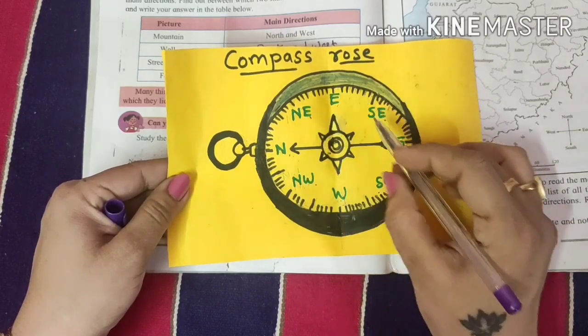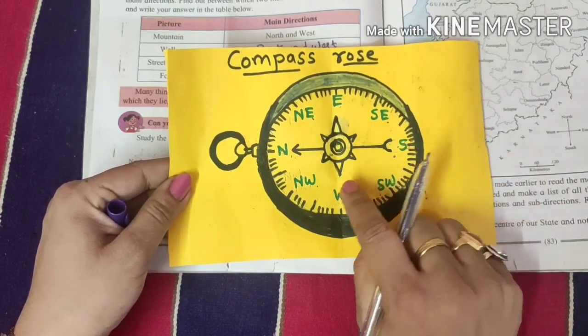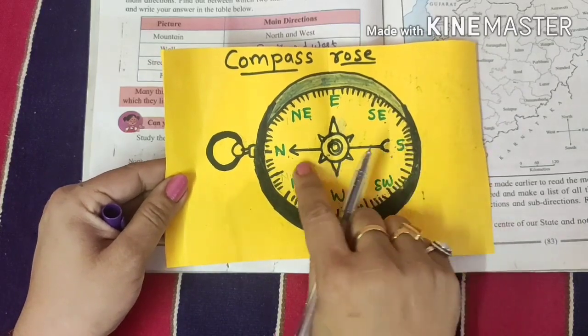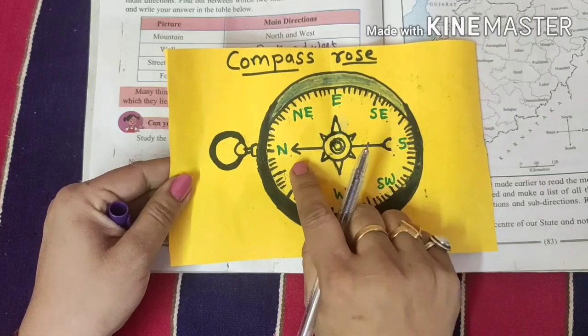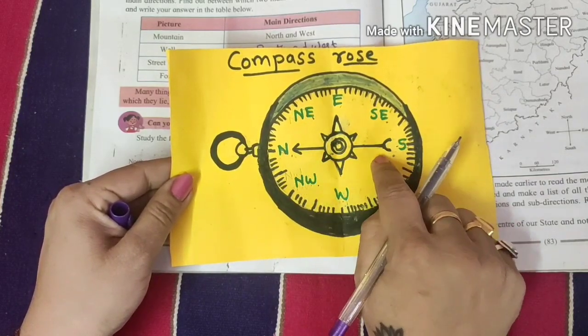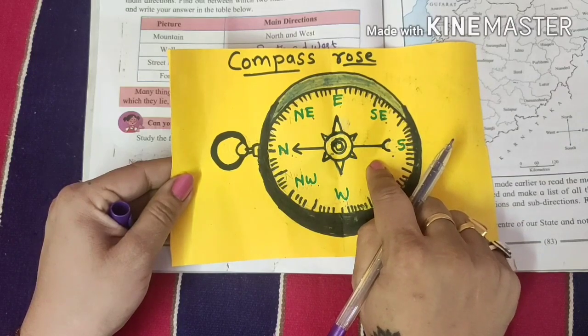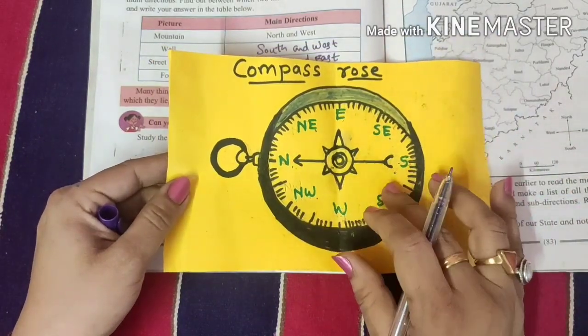See, like this the markings are given, and this needle moves towards the direction which we want. This is the needle shown here. Okay, and every time this needle is placed, it is shown to the north-south directions only. So whenever we want to find the directions, the compass rose is used.